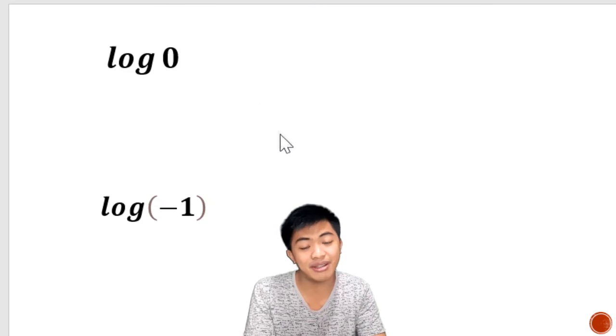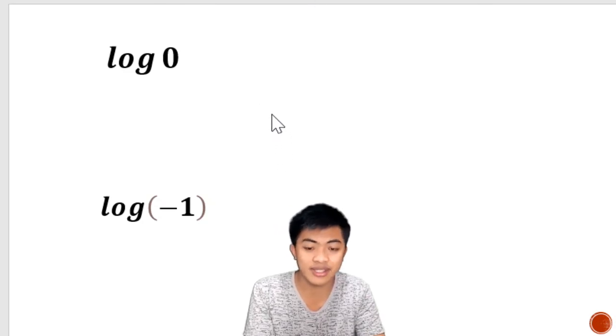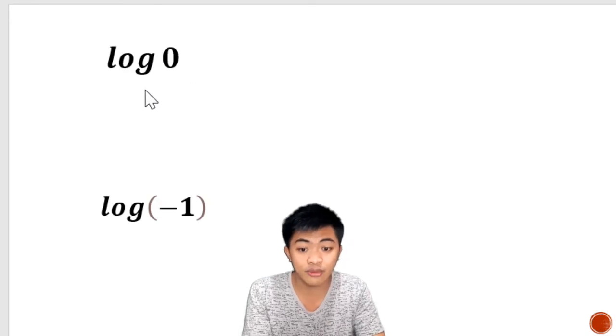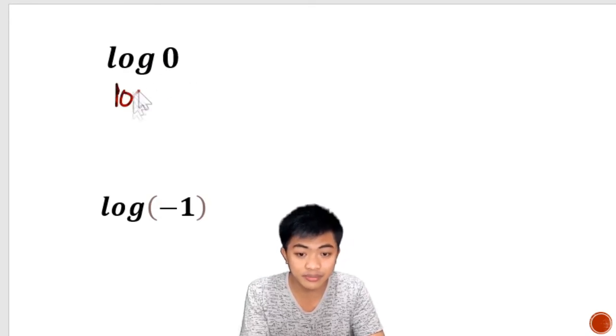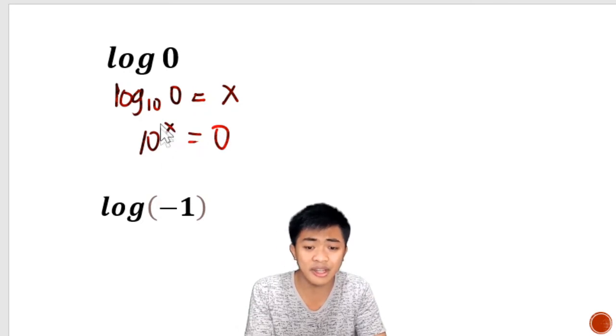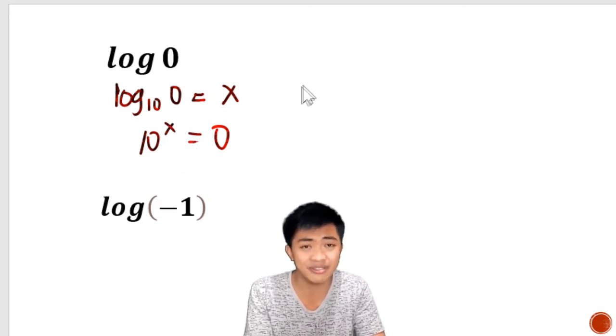And of course, in logarithm, we also have special cases. Like if we evaluate logarithm of 0, now think about this. Walang number ang pwede nating i-raise sa 10 para magkaroon ng result na 0. It's impossible. So logarithm of 0 is undefined.